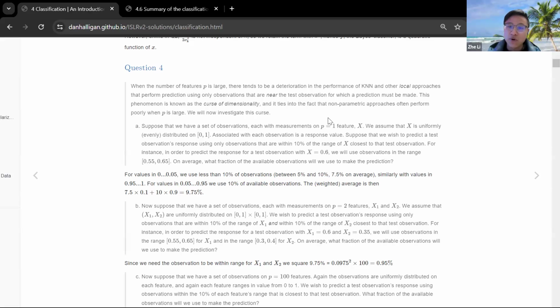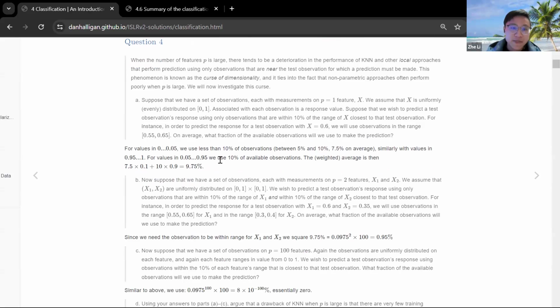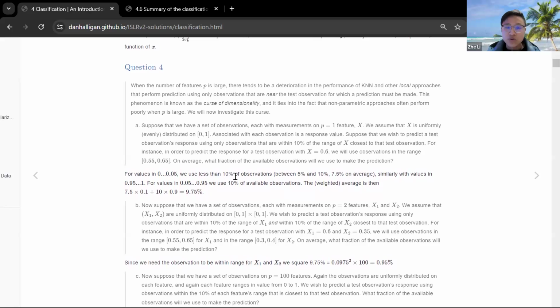That is, if we choose a point that is 0.5, the range is 0.45 to 0.55, and the nearest neighbors are close to x. For instance, if x is equal to 0.6, the range is 0.55 to 0.65. So we use just 10% of the observations near the point we're interested in.